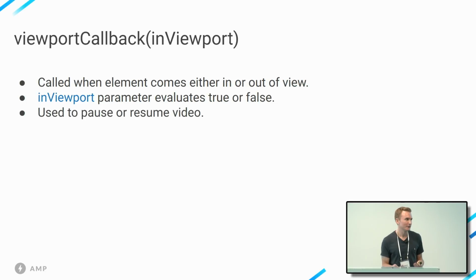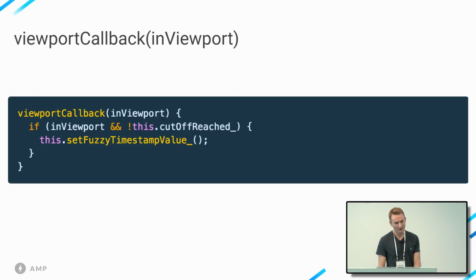This is quite often used for pausing or resuming video. We use it slightly differently in amp-timeago. If a timeago element goes out of view and then back into view, we recall our set fuzzy timestamp value method, which just updates the fuzzy timestamp so that it's up to date for the user.